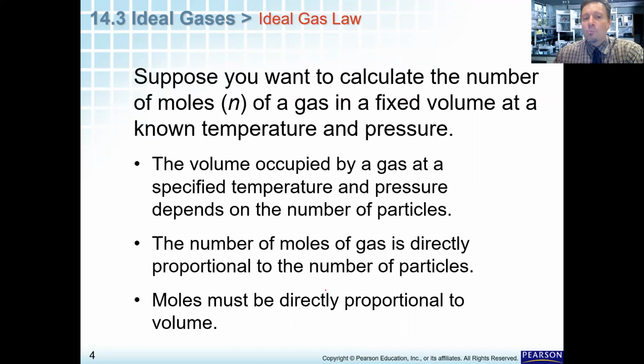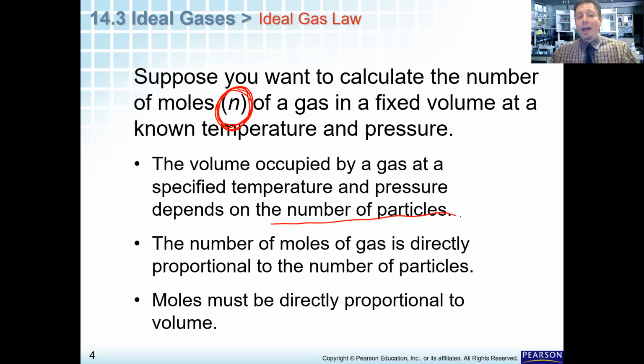Suppose you want to calculate the number of moles, and the moles is going to be represented by N. We've already looked at that previously, but N is going to be the moles of gas in a fixed volume at a known temperature and pressure. So understanding that volume depends on the number of particles.